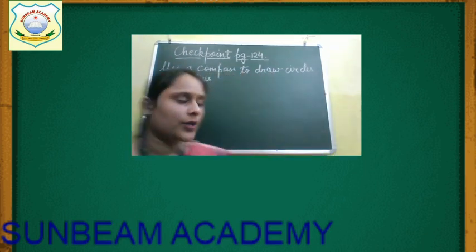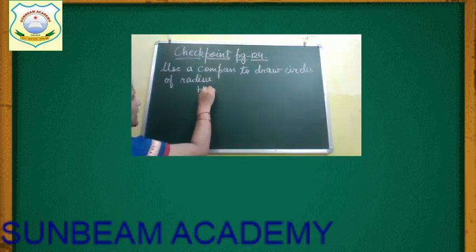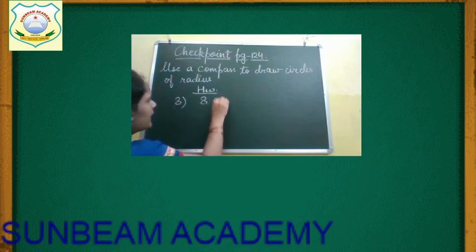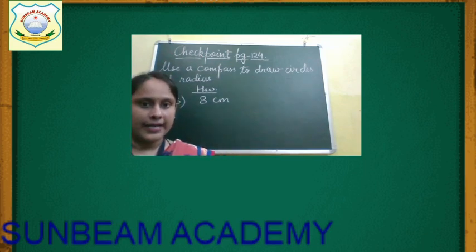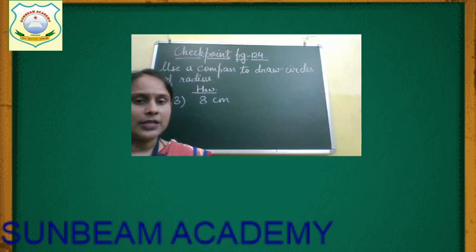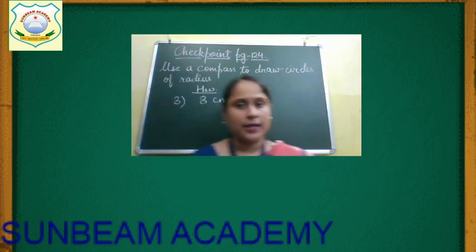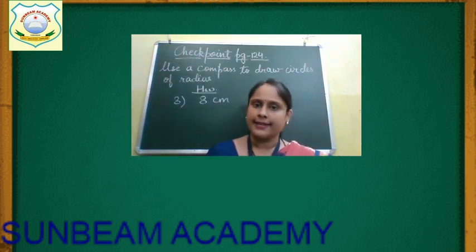Now your 8th question that you have to do as homework is 8 centimeter. So you will draw a radius measuring 8 centimeter and then you will draw a circle of radius 8 centimeter.